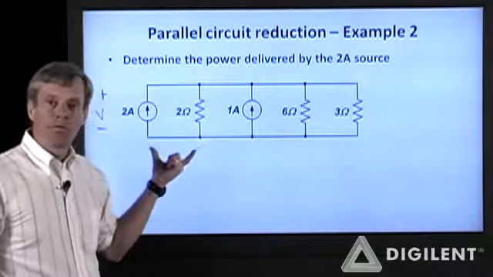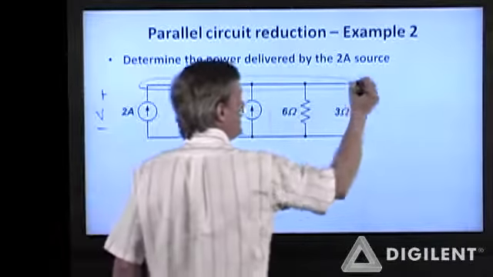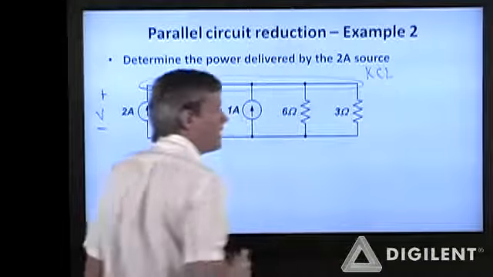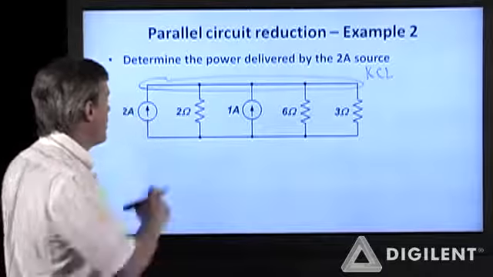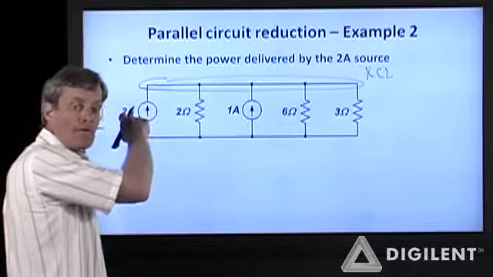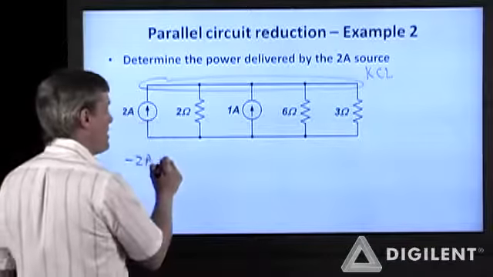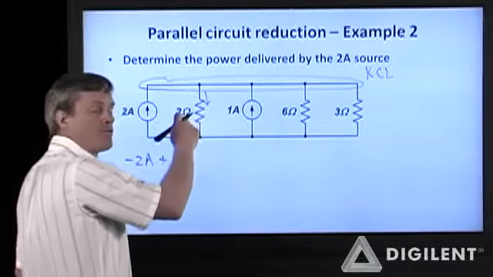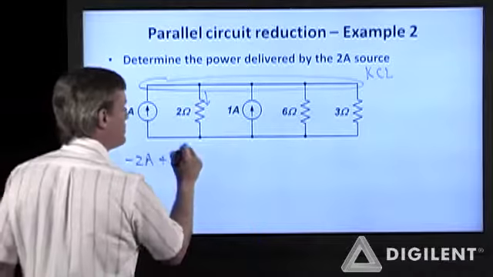Okay, consistent with my previous approach to this similar problem, I'm going to do KCL at this upper node, and I'm going to assume that positive currents leave the node, therefore this 2 amp current will be considered to be negative, so negative 2 amps plus the current through the 2 ohm resistor is this voltage divided by 2 ohms.